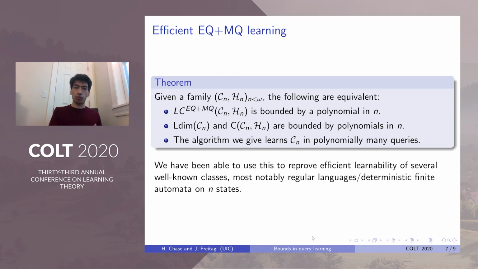We show that those are both polynomially bounded in n, and that gives us efficient learnability of this class. One other novel aspect is that the bound that we give does not rely in any way on the length of the words that we receive as counterexamples or submit as queries. The bounds are only in n.